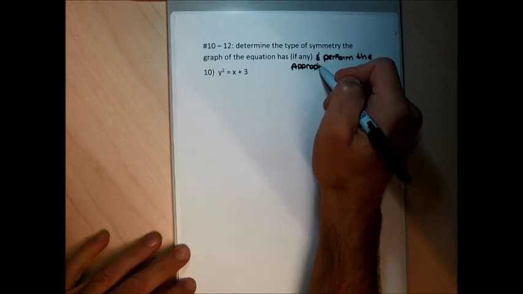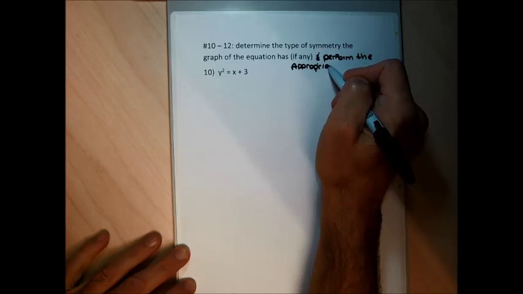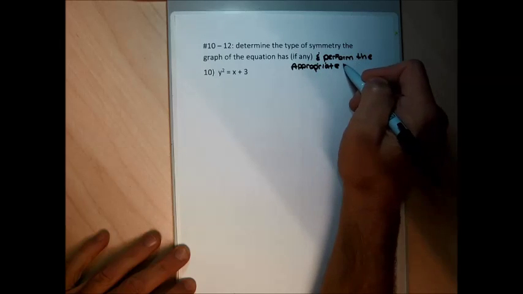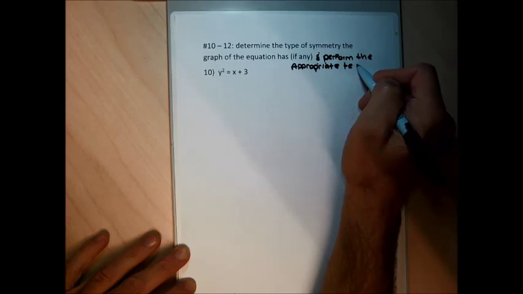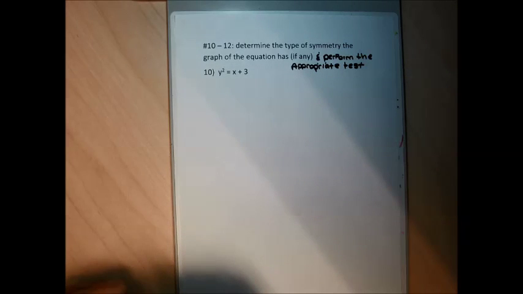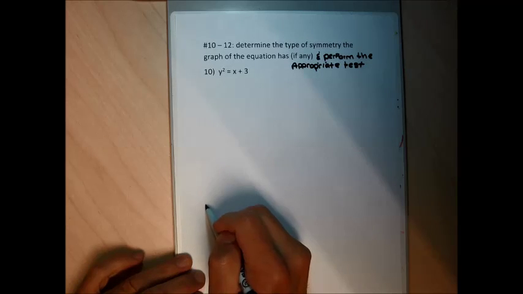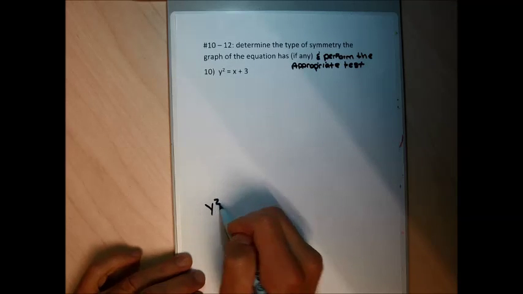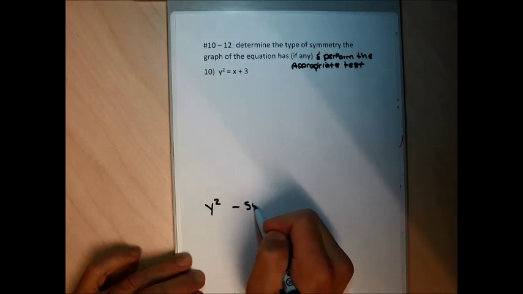And for these problems, when I did the video, I showed you how to find the symmetry first by sketching a graph and then doing the test. We also mentioned that usually if there's a y squared, we have symmetry to the x-axis.